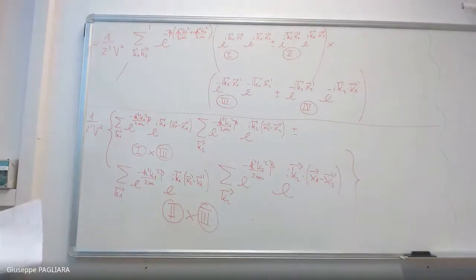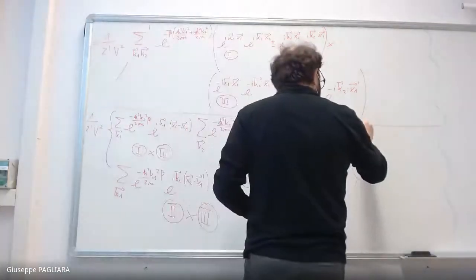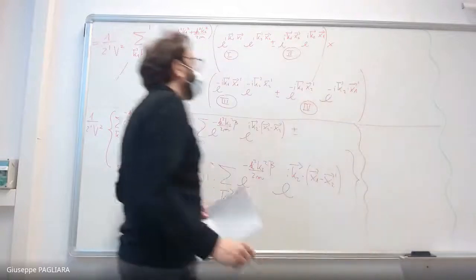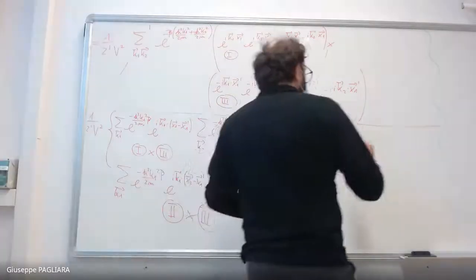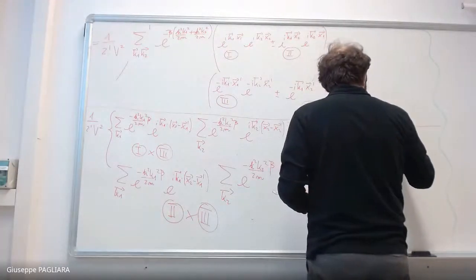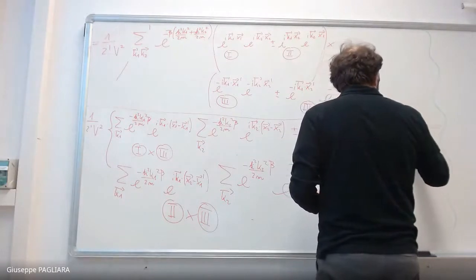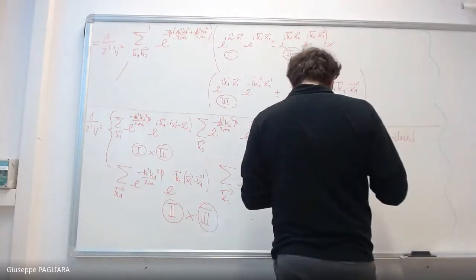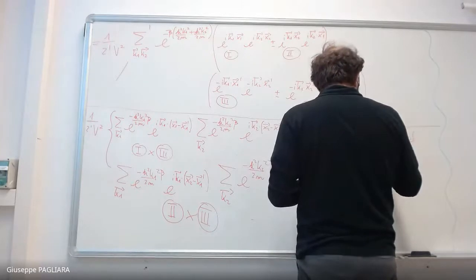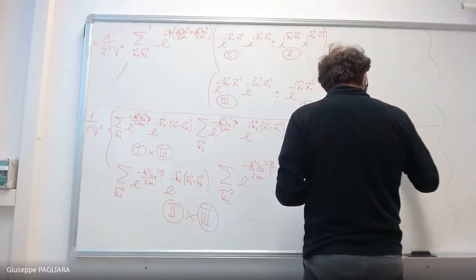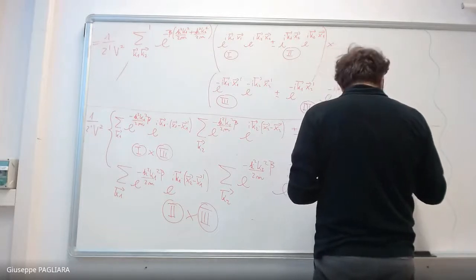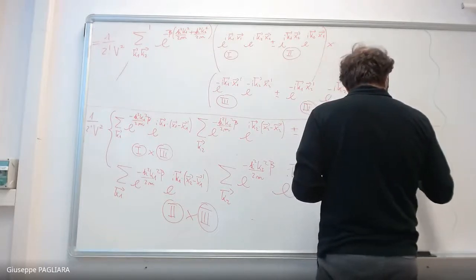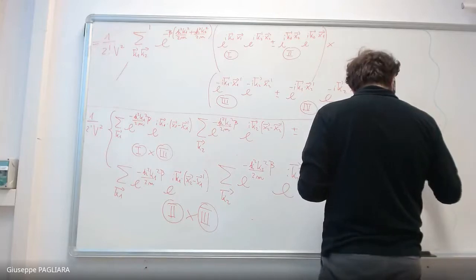Now, for reasons that are due to the fact that the sum was a sum prime, I have excluded, not considered, the cross of 1 and 4, and the cross of 2 times 4.